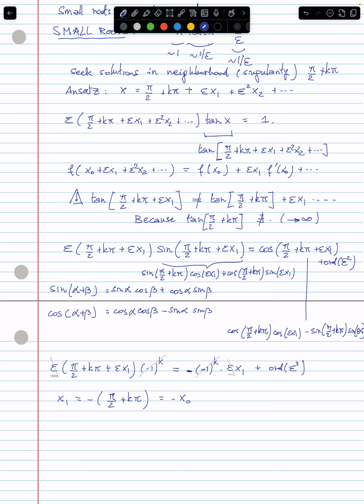So if we put everything back together, it means that the small root is x is pi over 2 plus k pi, so that's leading order, plus epsilon times x1, which means 1 minus epsilon here. All right, done, so we got it. And so it just means that based on the singularity in the tangent function, what we obtain here is just a small shift to the left.